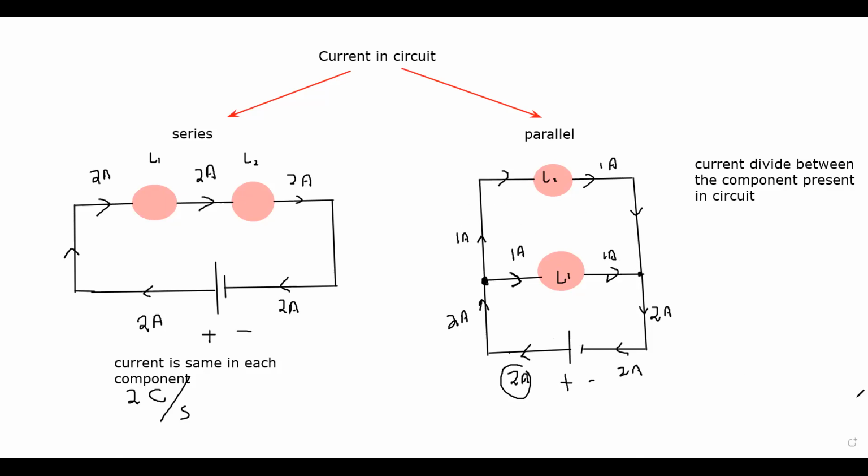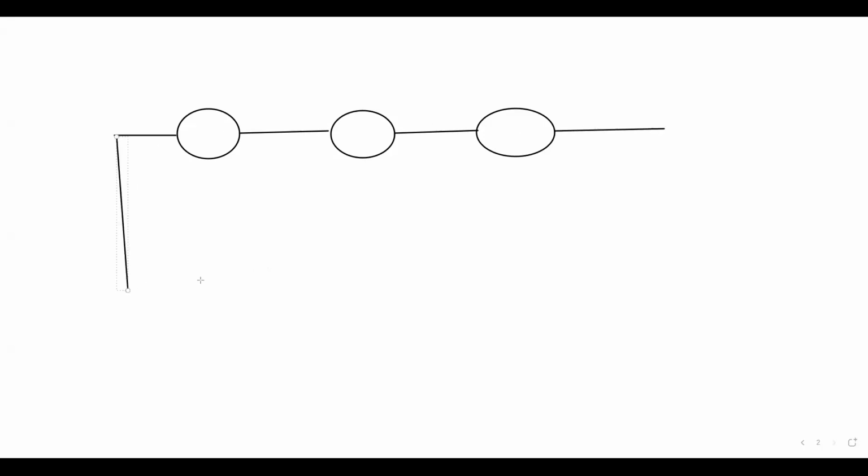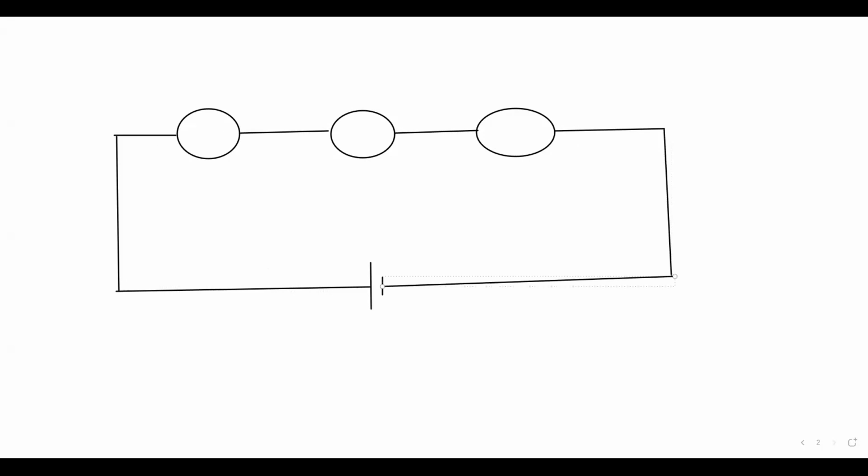So for example, if we have 3 components connected in series, this one is a positive terminal, and this a negative terminal.